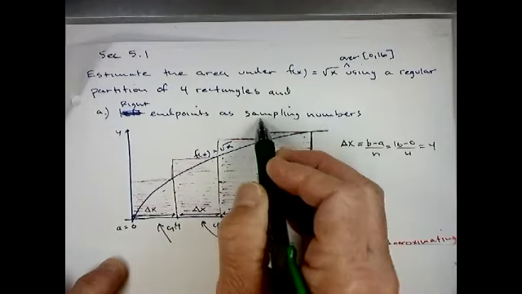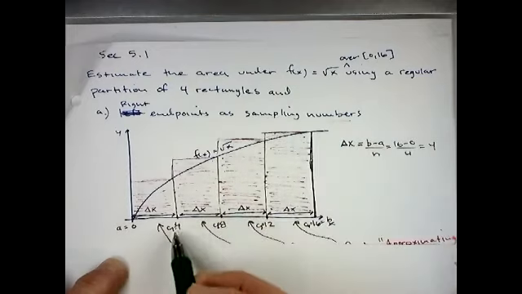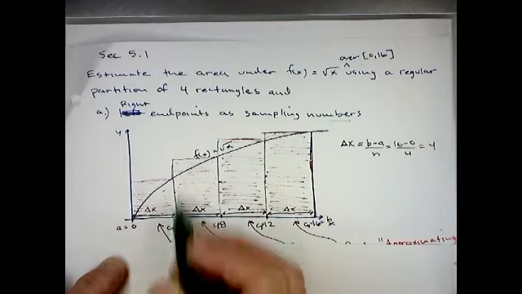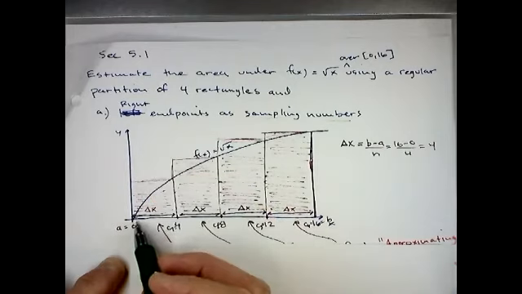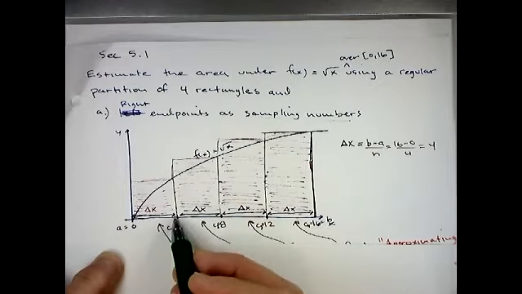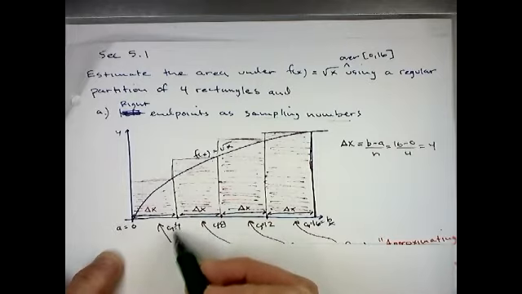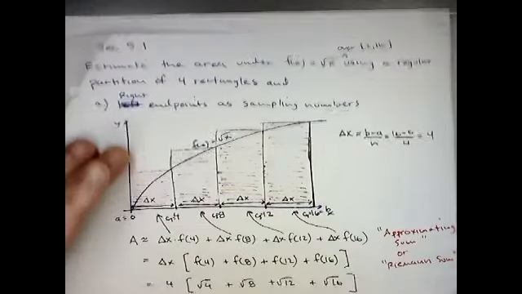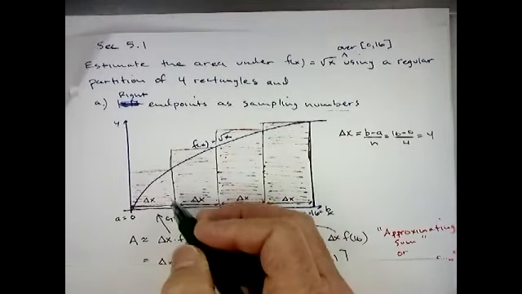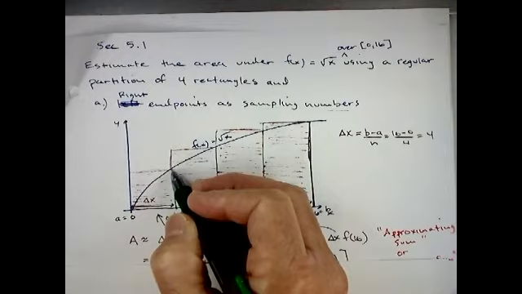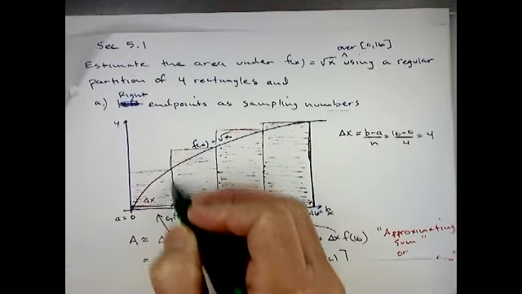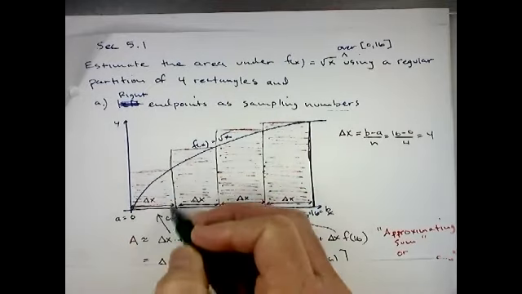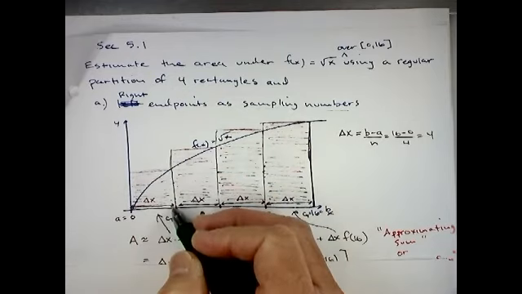Now, what's meant by sampling numbers? Since this problem asks us to use right-hand endpoints, if we take the first subinterval from 0 to 4, the right endpoint is 4, which we call C sub 1. We're going to use that as our first sampling number to determine the height of the rectangle. So this would go up here and go across, and that would be the first rectangle.